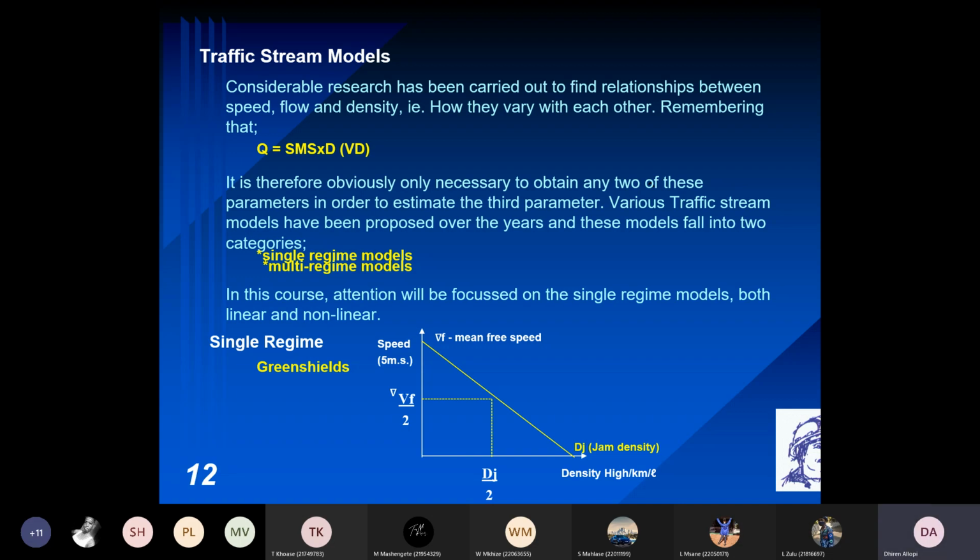Where your speed is 0, at that point you achieve maximum density, or DJ, jam density. From this graph, midway through you have half your mean free speed and half your jam density from the linear relationship. So that's your speed-density relationship.